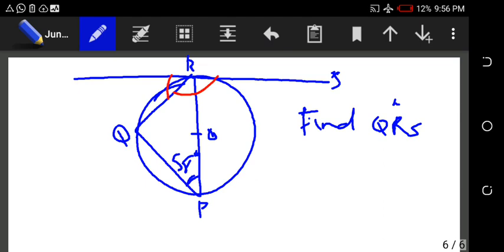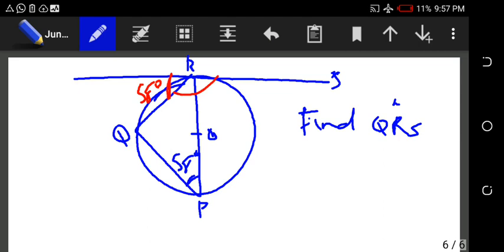And where is the alternate segment? That is the whole of here. All right, so it means that the angle at this point is equivalent to the angle made by this chord, which happens to be here. So in other words, that means that here also is equal to 58 degrees.